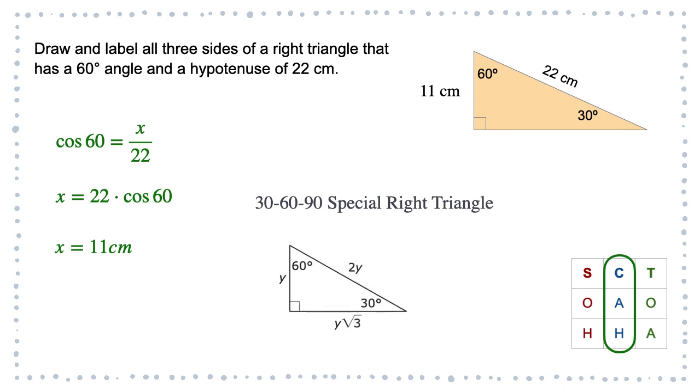And remember the way we derived this rule. If we know the short leg length, in this case it's 11 centimeters, and we're looking for the long leg, the side opposite the 60 degree, we take whatever the short side is, multiply it by root 3. So the base of this triangle is going to be 11 root 3 centimeters.